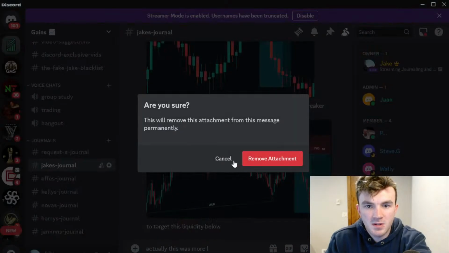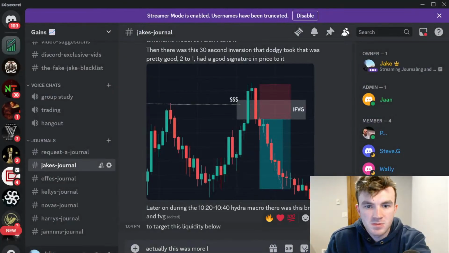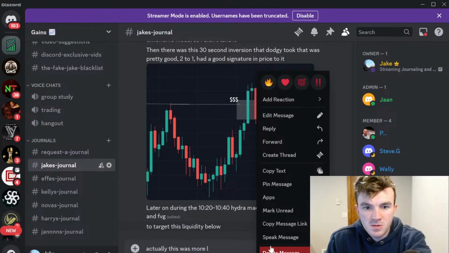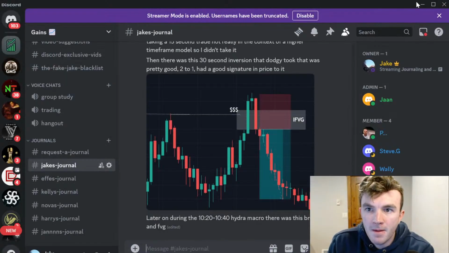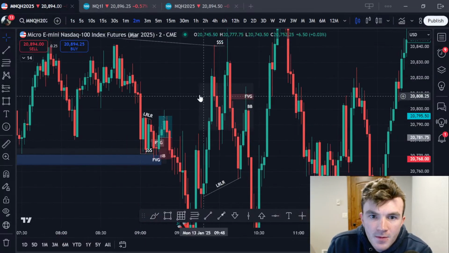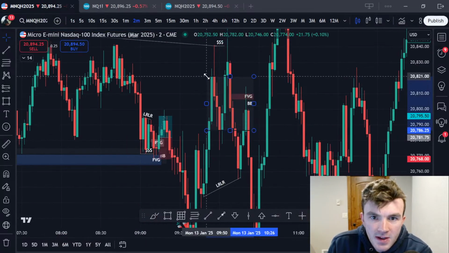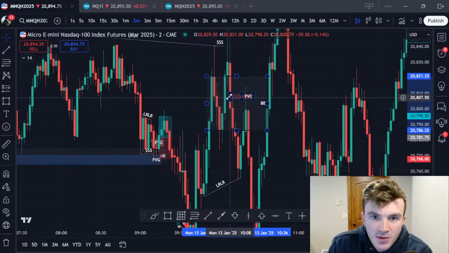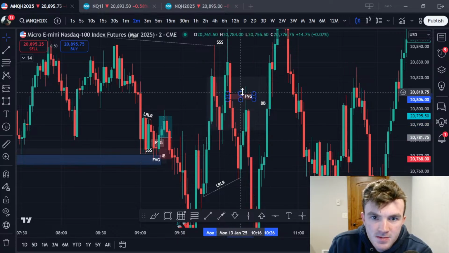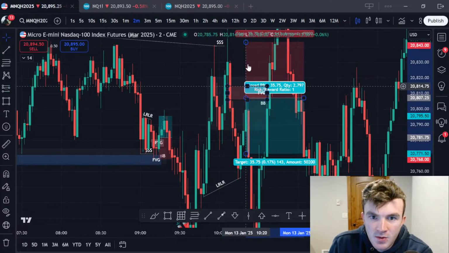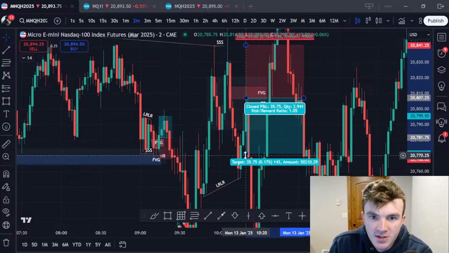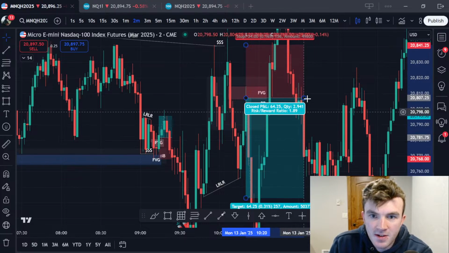Let me delete this. This is more of like a 2-minute trade where you have a series of down close candles. That's a breaker. You have a fair value gap here. This overlapping area is your entry, and boom, the rest is history. Down to that LRLR.